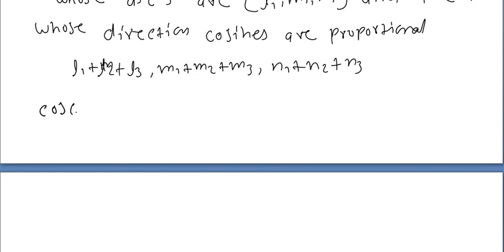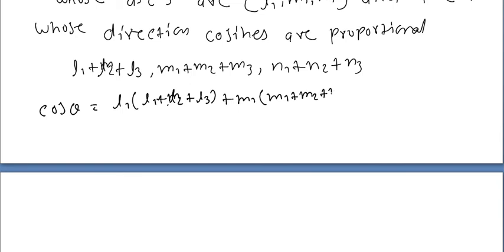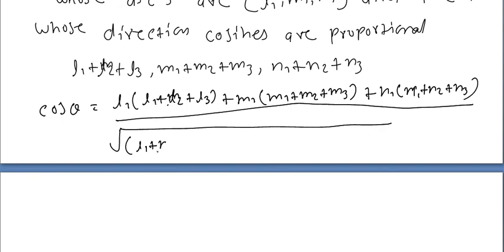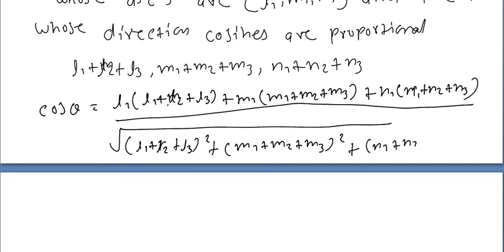That is, cos theta is equal to L1 into L1 plus L2 plus L3, plus M1 into M1 plus M2 plus M3, plus N1 into N1 plus N2 plus N3, divided by the square root of L1 plus L2 plus L3 the whole square plus M1 plus M2 plus M3 the whole square plus N1 plus N2 plus N3 the whole square, into 1, because L1 square plus M1 square plus N1 square is equal to 1.